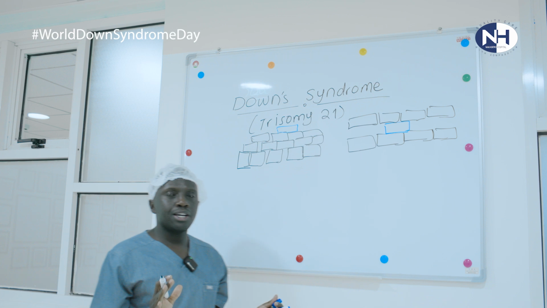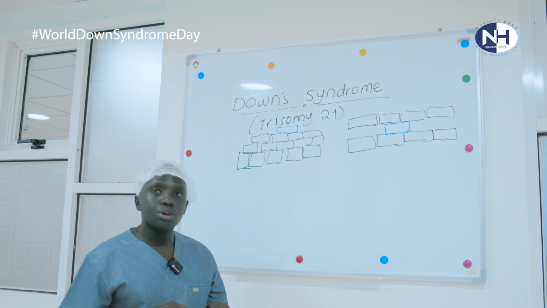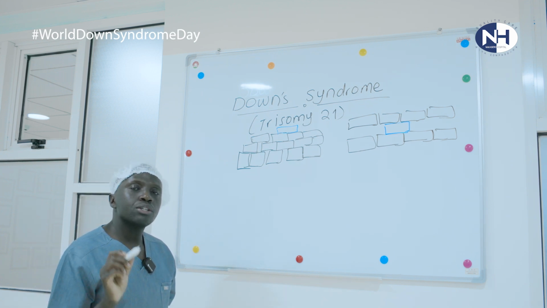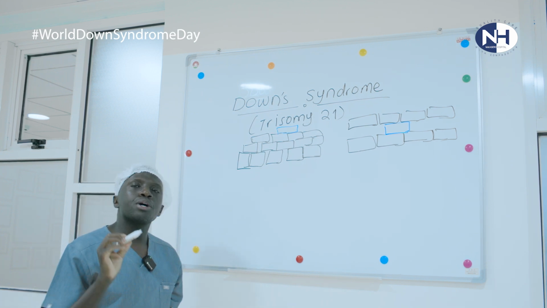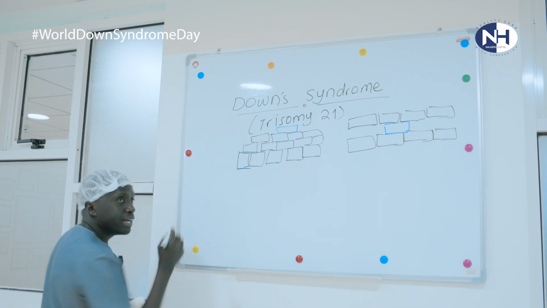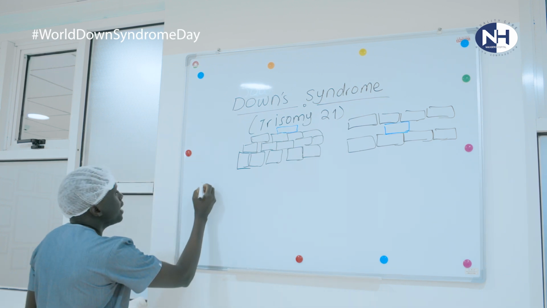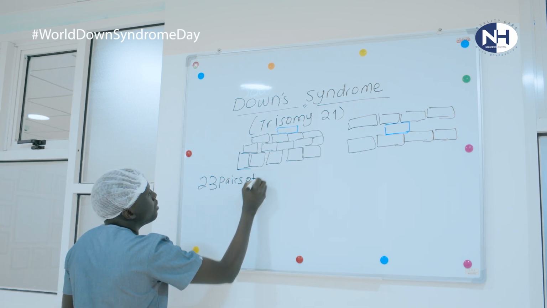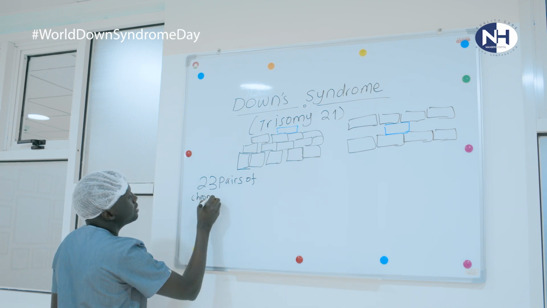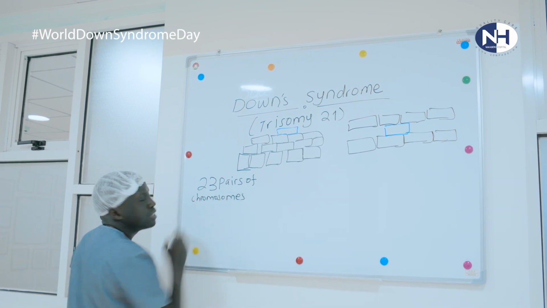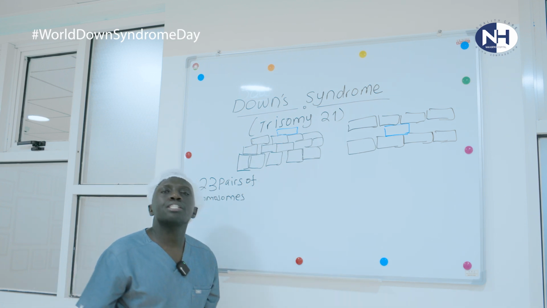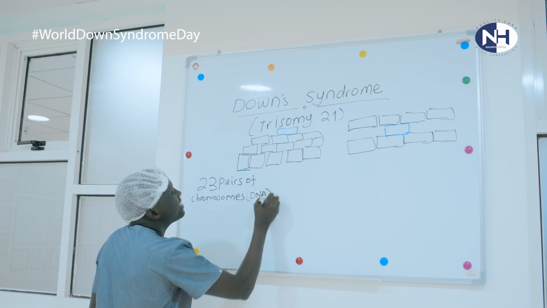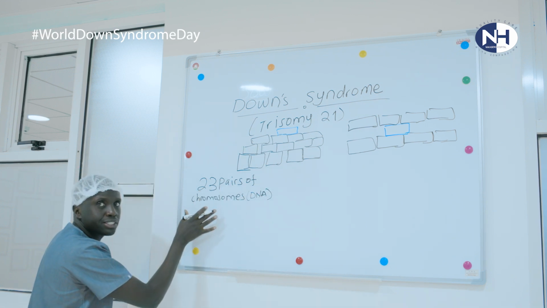Now our bodies also have building blocks, and those building blocks are called chromosomes, or pieces of DNA. And a normal human being has 23 pairs of chromosomes. I'll make it simple because most of you are used to the term DNA. So let me call it, it's not accurate, but I'll call it 23 pairs of DNA.